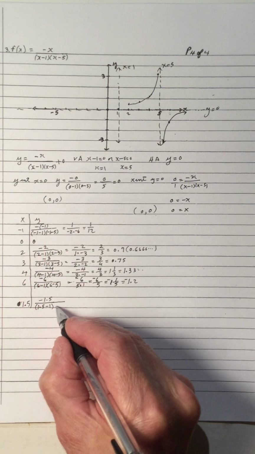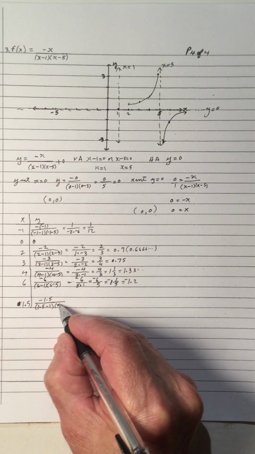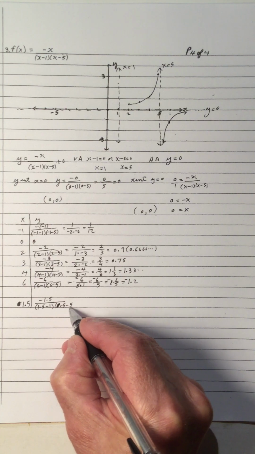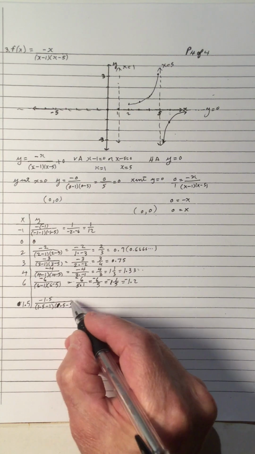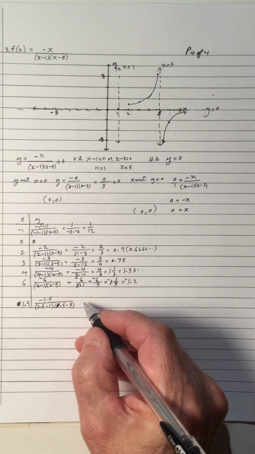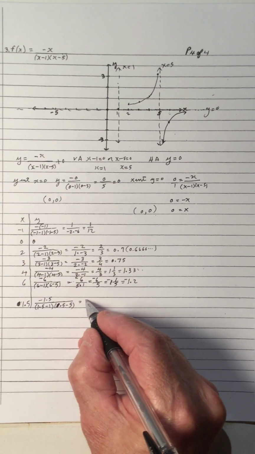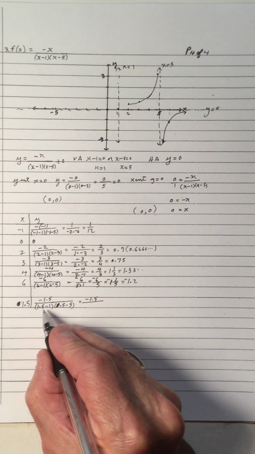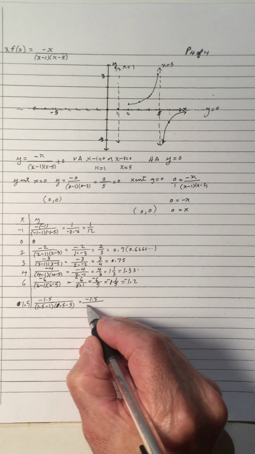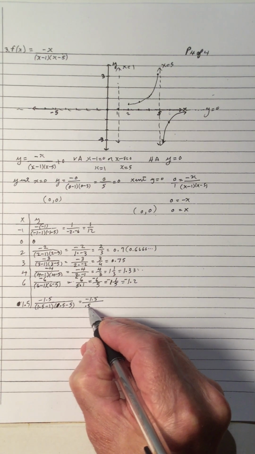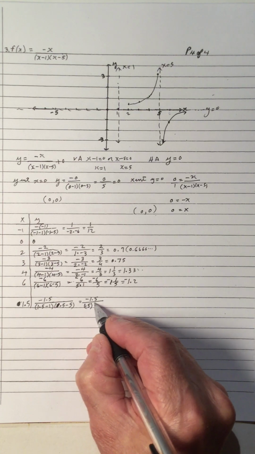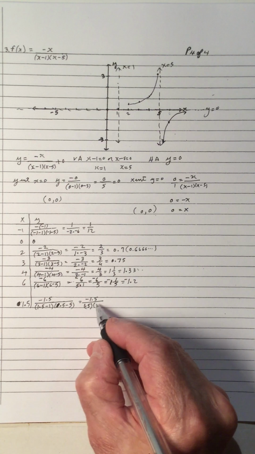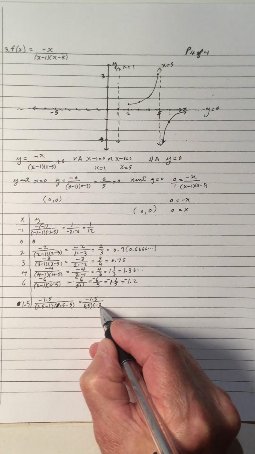Put a 1.5 here, we go 1.5 minus 5. And we have to work this out, so negative 1.5 over, so 1.5 minus 1 is decimal 5. We'll put this in brackets. And 1.5 minus 5 is negative 3.5.